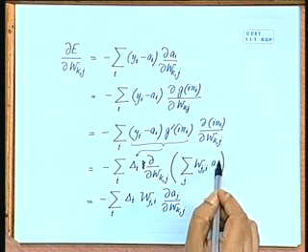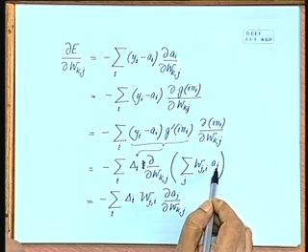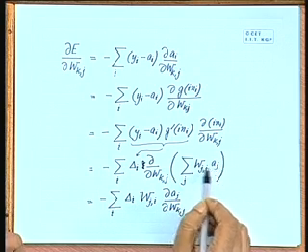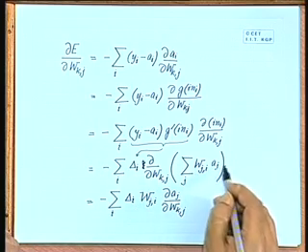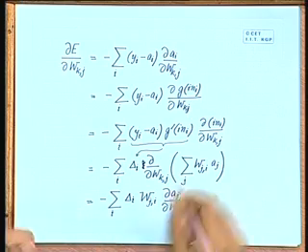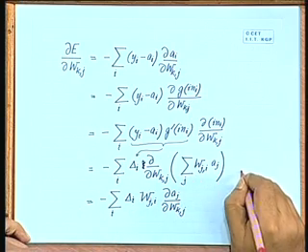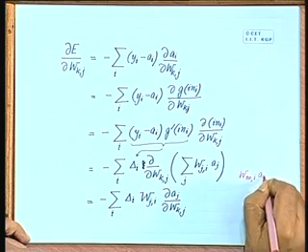So, the only term which has a_j here is w_ji a_j. Suppose you look at a term in this summation, say w_mi a_m.